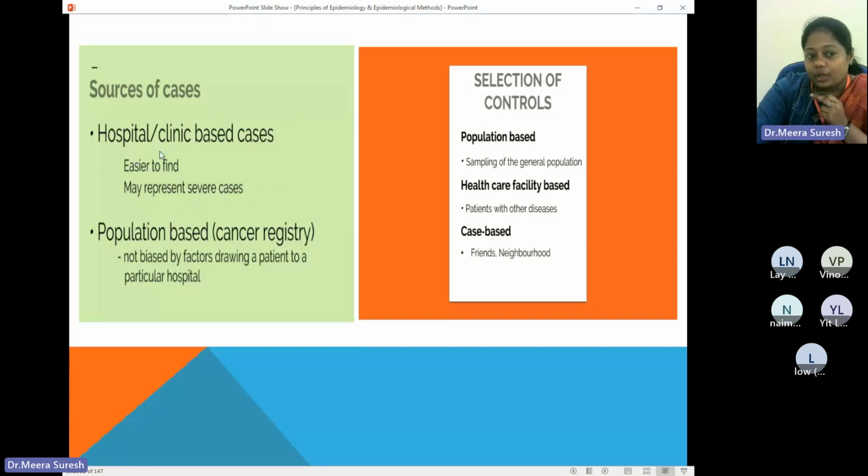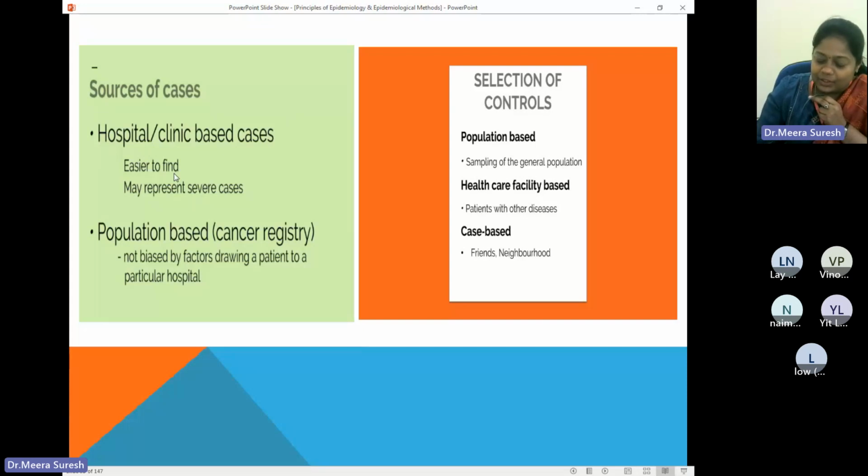The second problem with the hospital is, though you get it easily, people who come to hospitals will be those who are having major or severe cases. People who are having very less severity, mostly, they will avoid going to the hospitals. So whichever study you are doing, if you are just concentrating in hospital, it is very easy to collect the data.